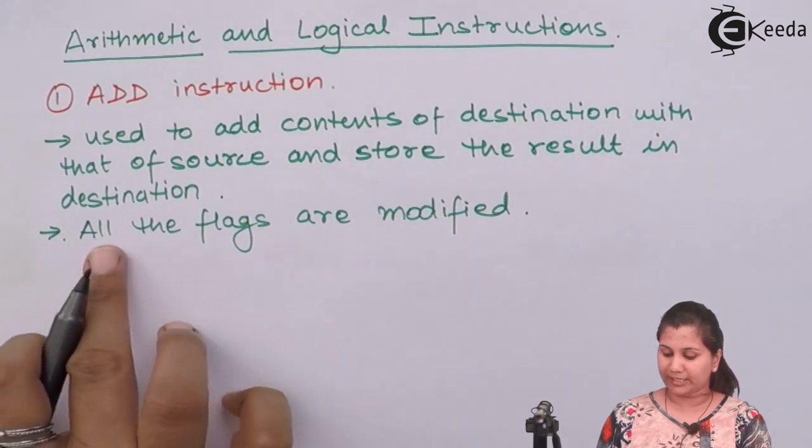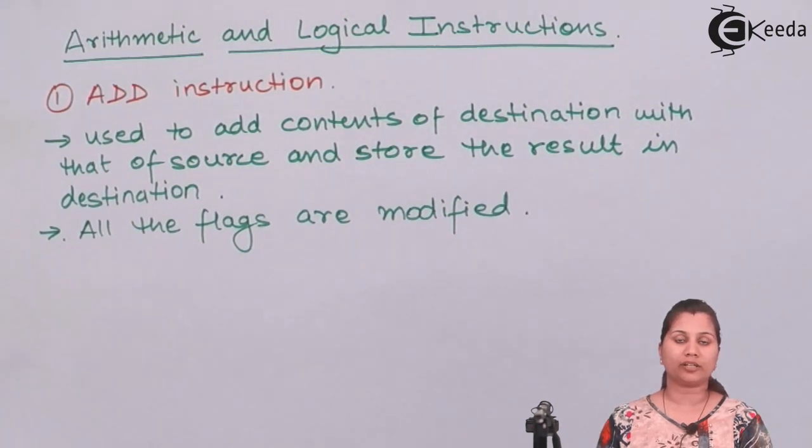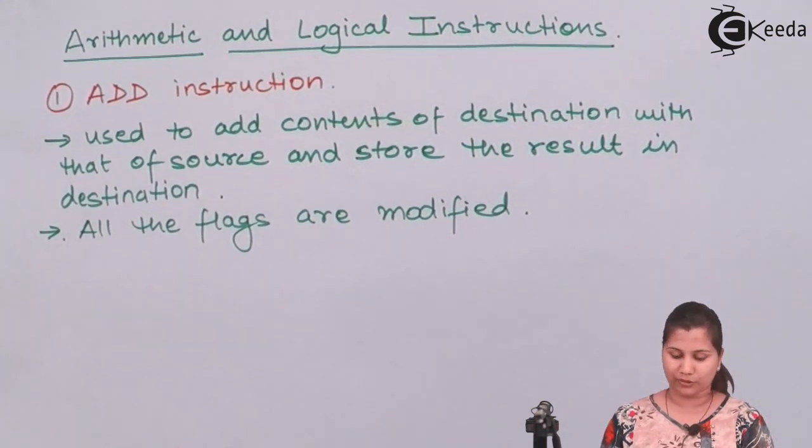So we can say that all the flags are modified, and we can check the status of the result in these flags: if in the case of addition any carry is generated, if the addition has generated a zero, then how many number of ones are there.